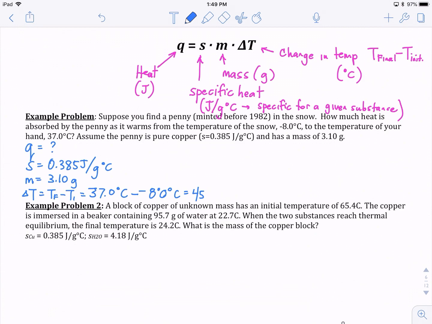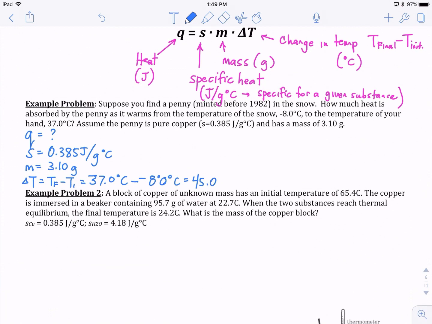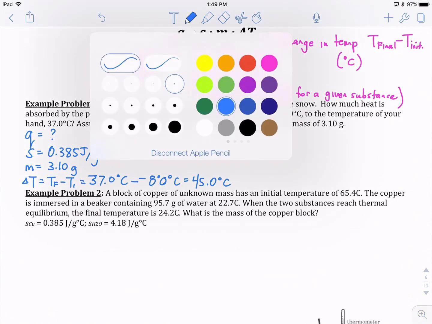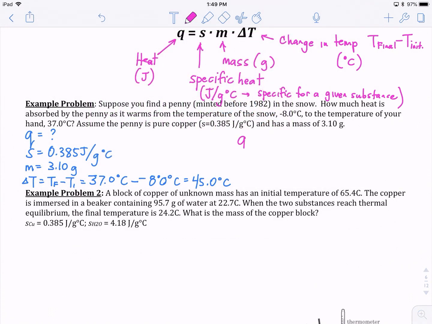And so we're going to plug in our values. Q equals S M delta T equals 0.385 joules per gram degree Celsius, 3.10 grams, 45 degrees Celsius.